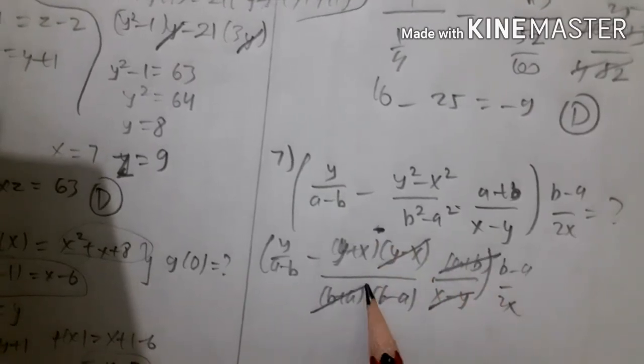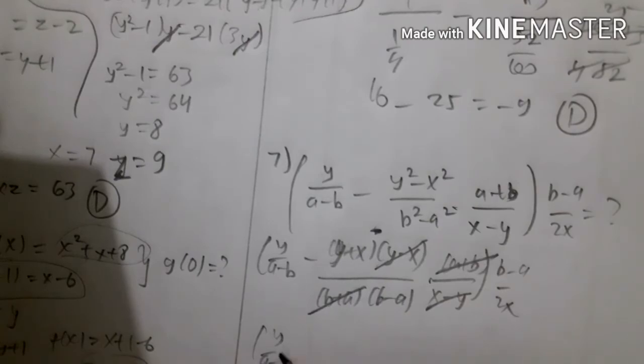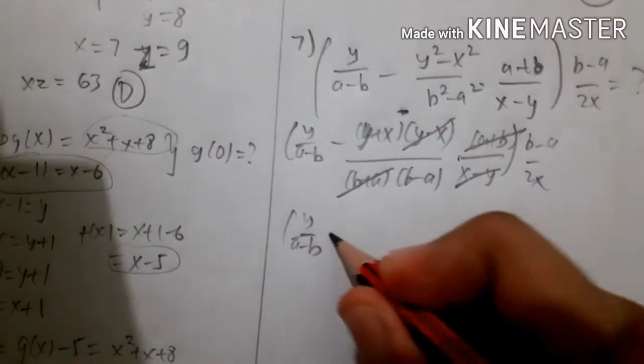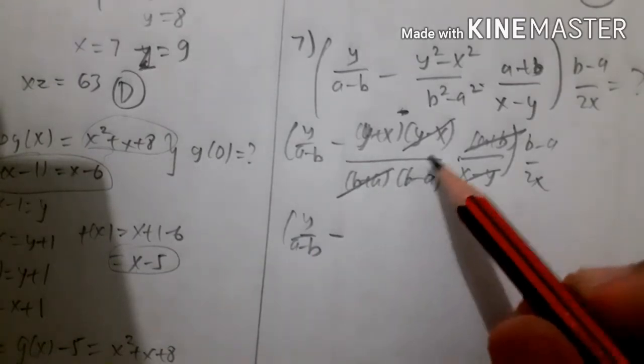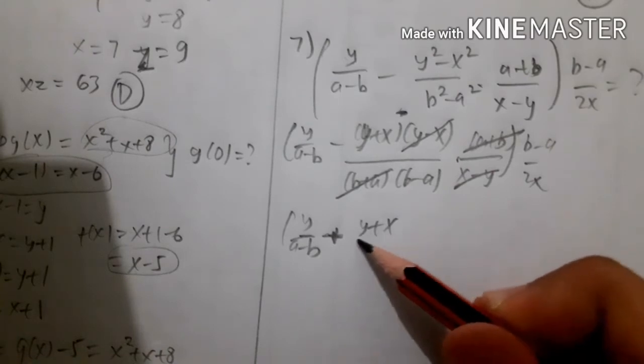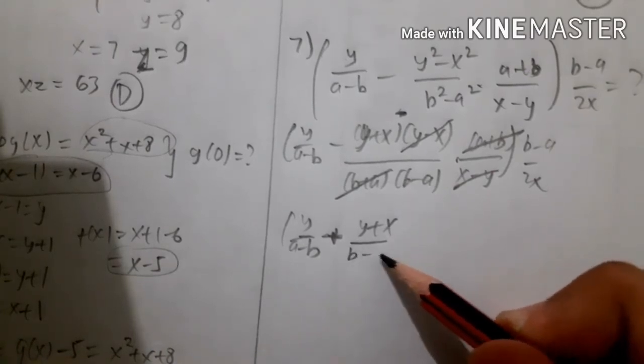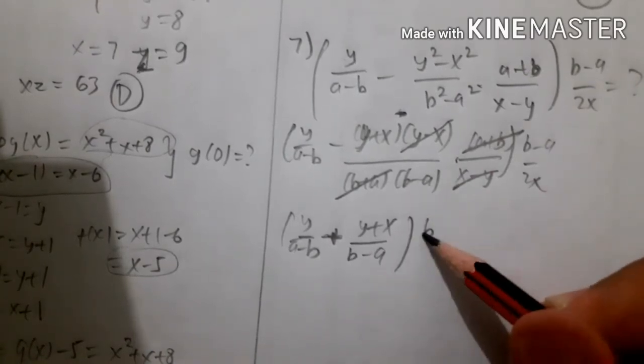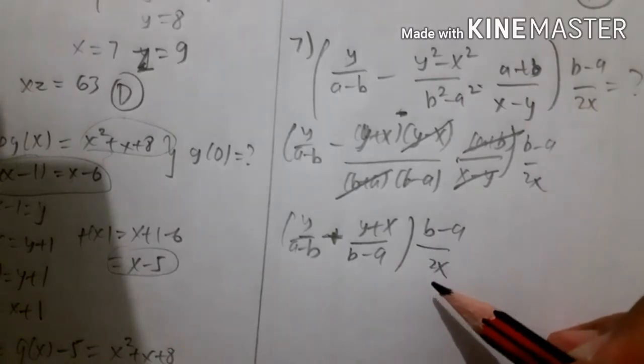So basically now you have y over a minus b minus, because this is half a plus, so this is plus y plus x over b minus a, okay, times b over a to x.